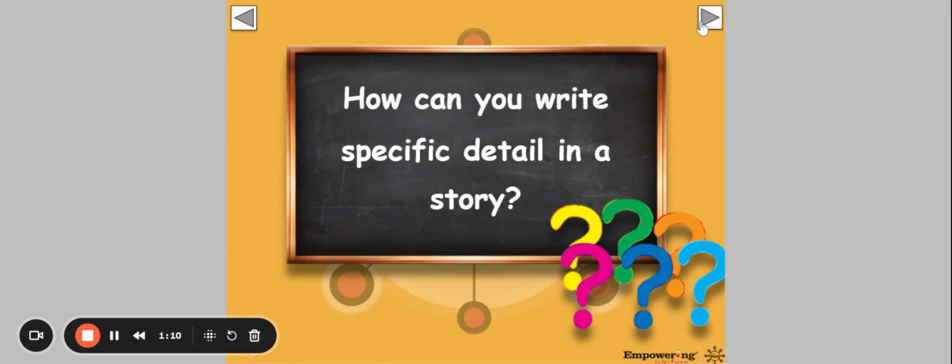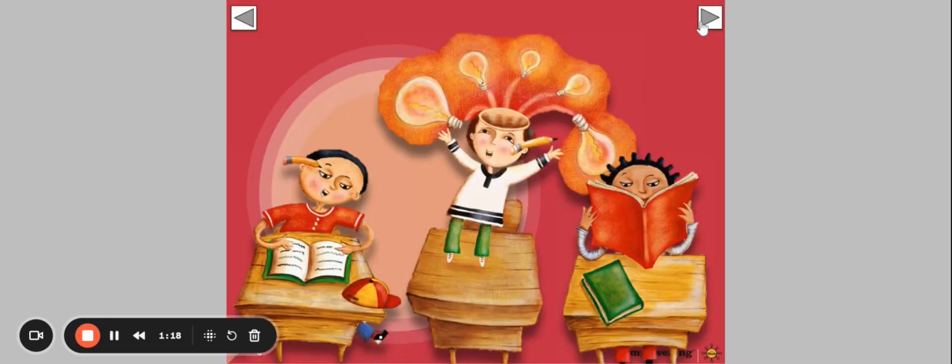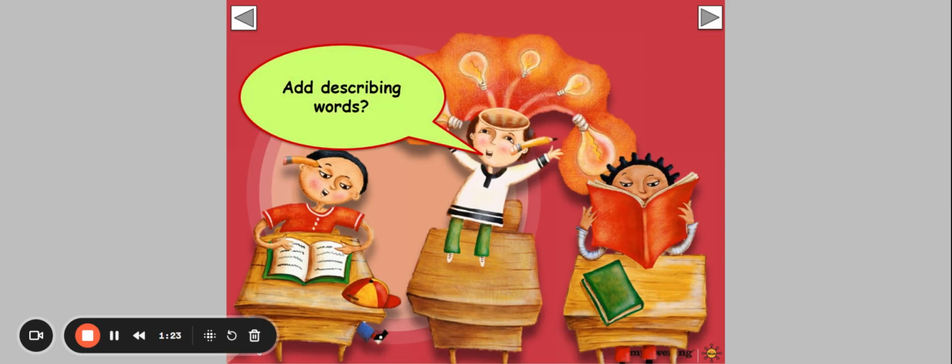But how can you write specific detail in your story? Well, one way might be to add describing words. Let's look at an example of that. I looked at the blue sky.